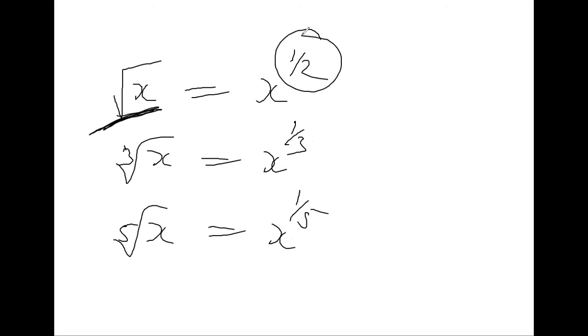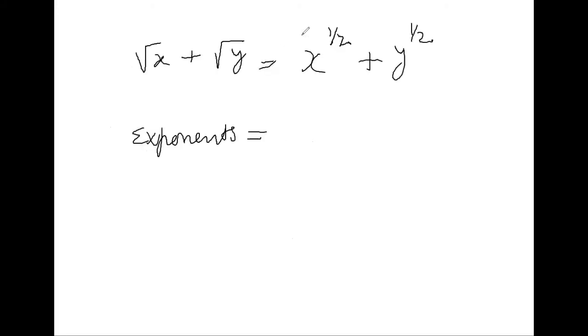So, note it down. Now, at least tell me what are the exponents. Come on, fast. Jatin, what are the exponents? 1 over 2 and 1 over 2. These are not whole numbers.